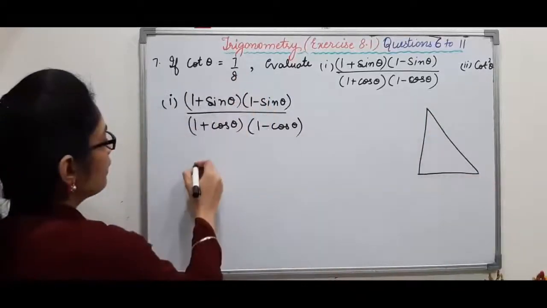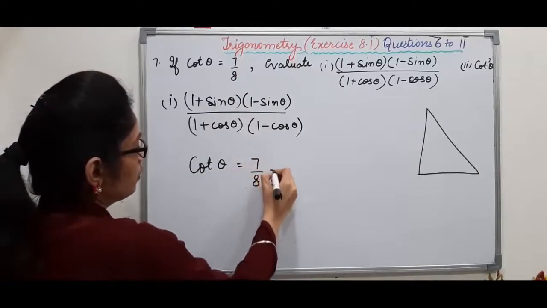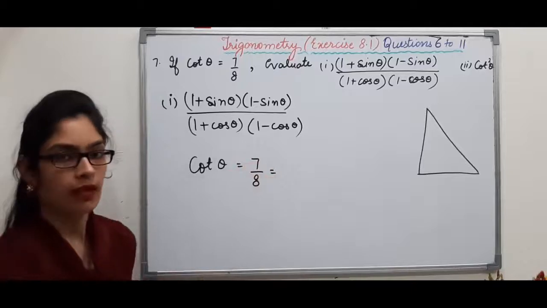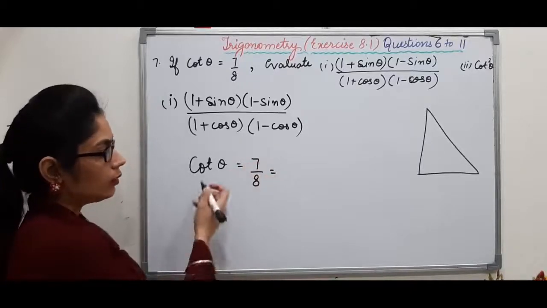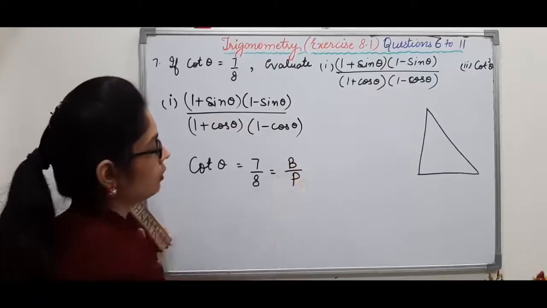So cot theta is given to us as 7 by 8. I have already explained that the value of cot theta is base upon perpendicular.